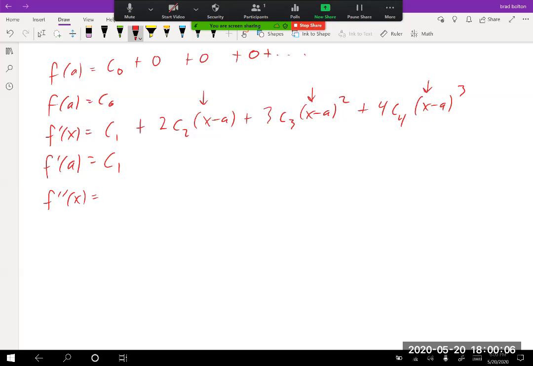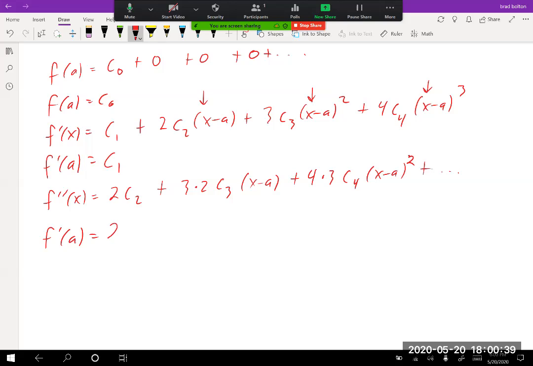This first term would cancel, and we'd have 2 c sub 2, plus 3 times 2 c sub 3 times x minus a, plus 4 times 3 times c sub 4 times x minus a squared, and so on and so on. Then f double prime of a would be 2 c sub 2.